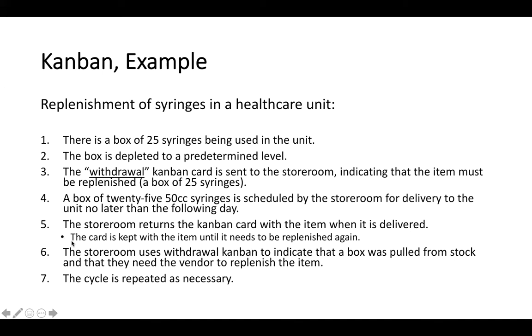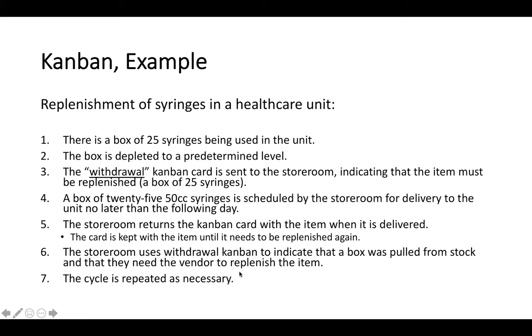So the storeroom then returns the Kanban back to the room that initially uses these syringes. And then the storeroom now also needs to replenish its own supply. So now the storeroom has provided 25 syringes to the nursing room that requested those syringes in the first place.